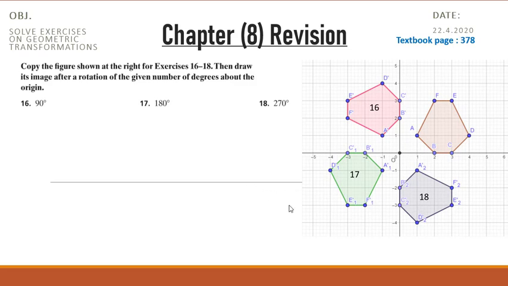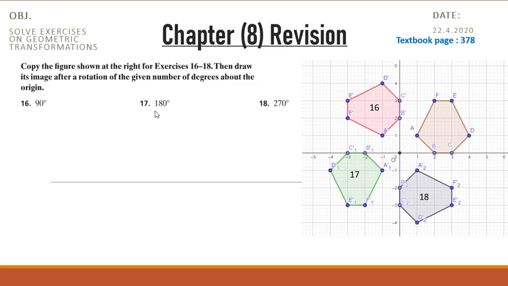Okay, now this is the last thing I will do today. I will tell you how to do this using GeoGebra. Guys, you know, we can do rotation. For 90 degrees, change places, and take the opposite of the first coordinate in the image.